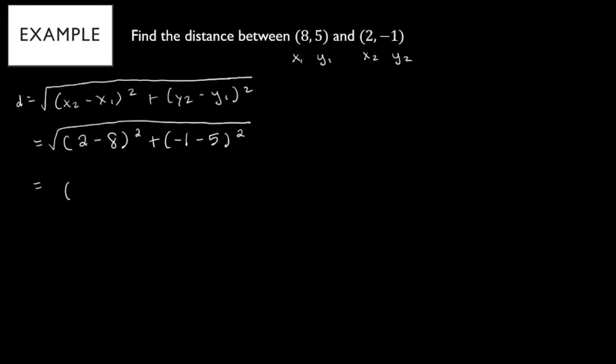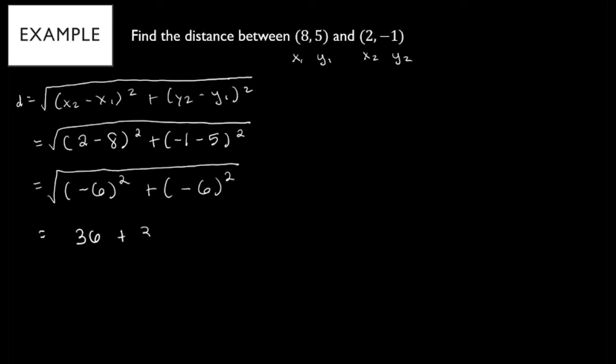So 2 minus 8 is -6, so we have (-6) squared. -1 minus 5 is -6, squared. And then I'm putting in my square root just to make sure that it's long enough. So that gives us 36 plus 36 inside the square root, which is 72.